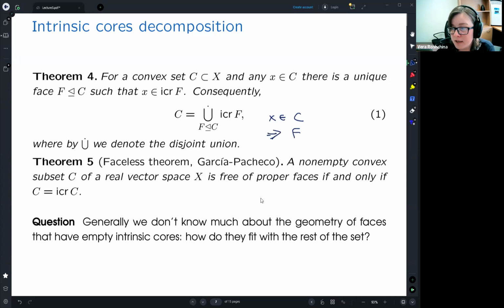I have minimal face defined in exactly the same way, intersection of all faces that contain x. And also, the intrinsic core of that minimal face is going to be non-empty. So it's not too bad. And I still have a disjoint decomposition into intrinsic cores of faces.